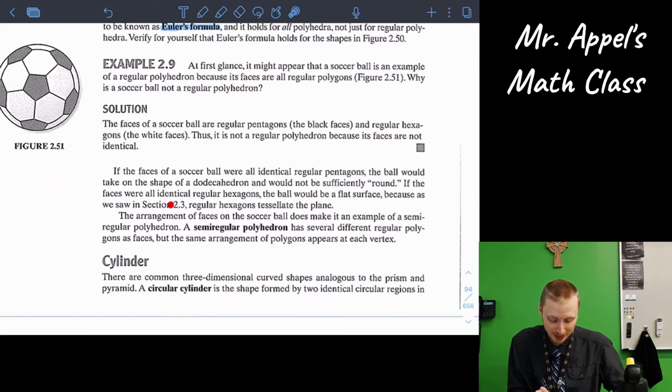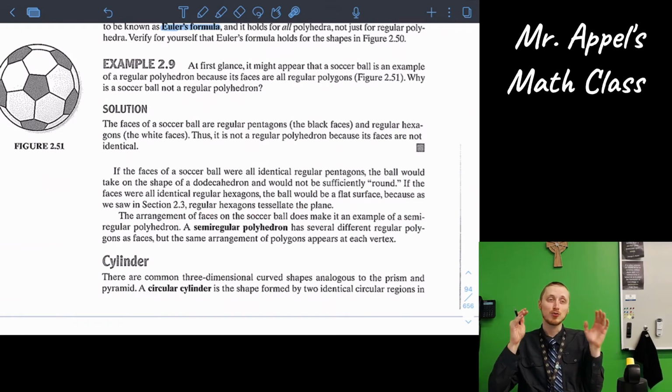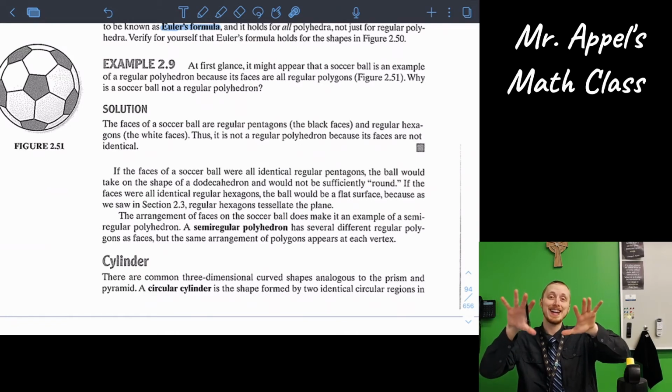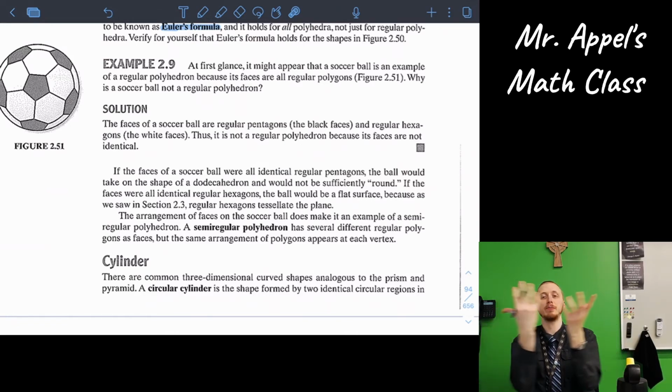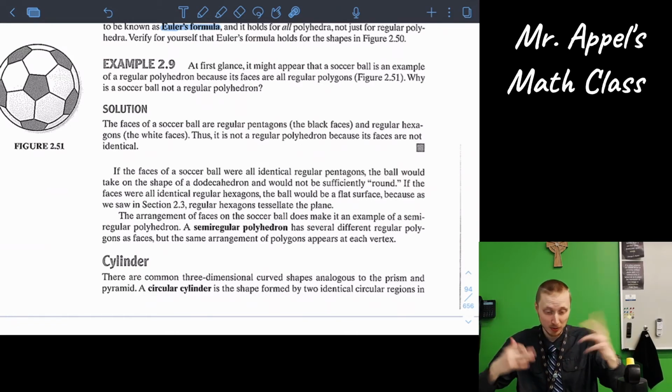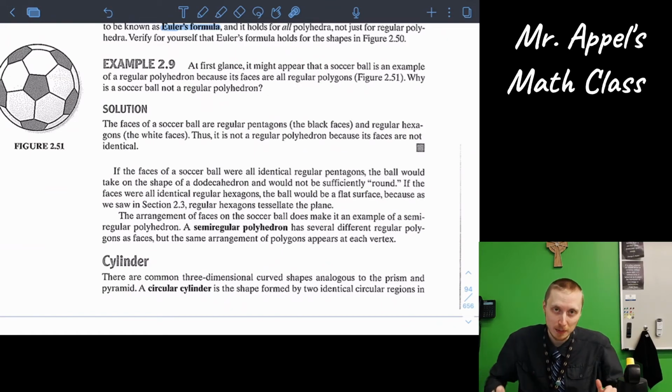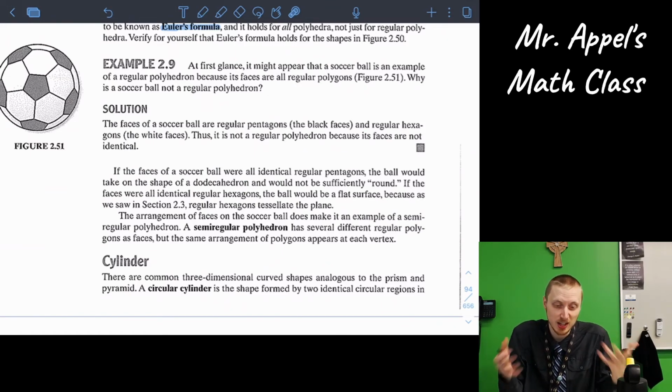If the faces were all identical regular hexagons, the ball would be a flat surface, because as we saw in section 2.3, regular hexagons tessellate the plane. Turns out any true tessellation of the plane cannot immediately be curled up and turned into some approximation of a sphere. You can't just make a 3D shape out of that. Flat is stuck, flat.